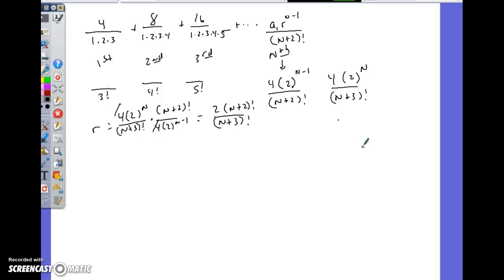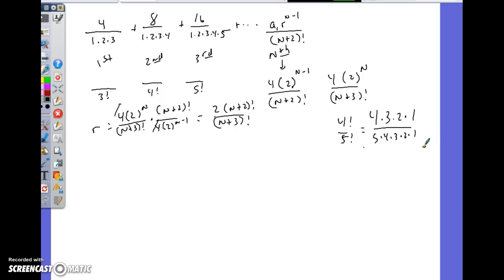Now, how do I deal with factorials? The bottom has one more factorial than the top, right? So if I was going to talk about, let's say, 4 factorial over 5 factorial, that would be 4 times 3 times 2 times 1 over 5 times 4 times 3 times 2 times 1. Pause, make sure you can see this.